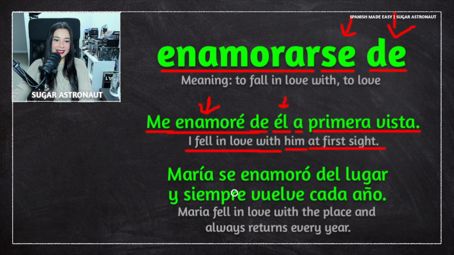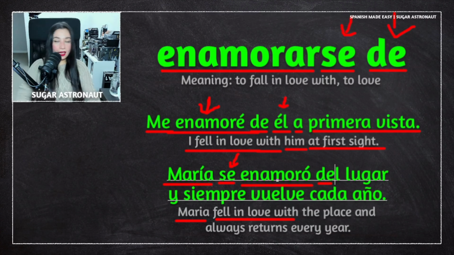That happens for sure. Maria means Maria. Se enamoró. Se, we have the reflexive pronoun se. Se enamoró. She fell in love with, because we're going to add de. And here's a great example of what I was saying a few minutes ago.